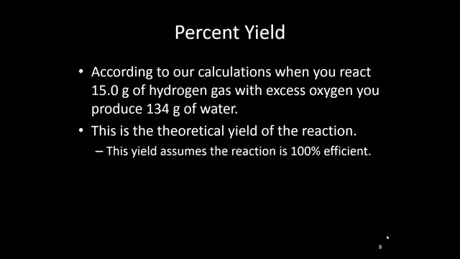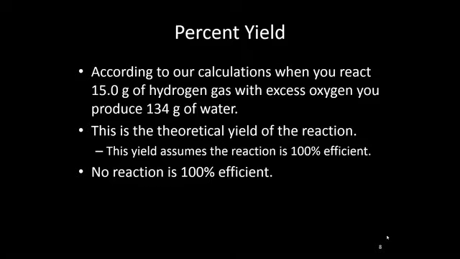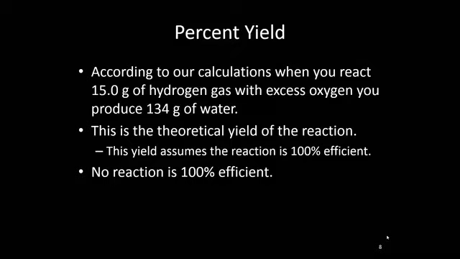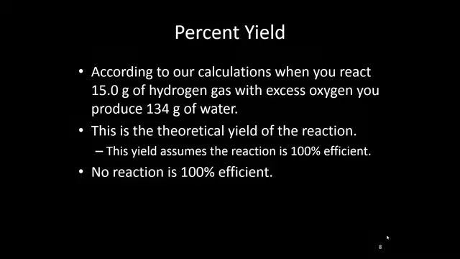Now, the production of 134 grams of water from 15 grams of hydrogen gas and excess oxygen gas makes one very important assumption. That assumption is that the reaction is 100% efficient. In other words, this is the theoretical yield.